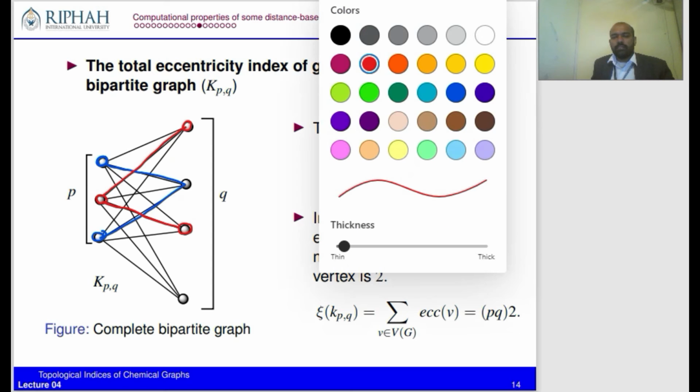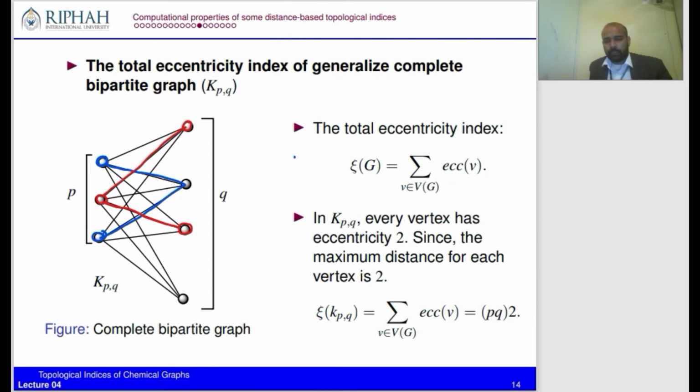So the eccentricity of each vertex in K_{P,Q} is 2. By putting this in the formula, the total eccentricity index of K_{P,Q} is 2 into PQ, where 2 is the eccentricity and there are PQ vertices. So this is the formula for the total eccentricity index of the complete bipartite graph.